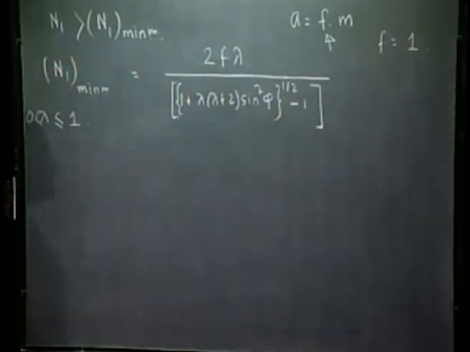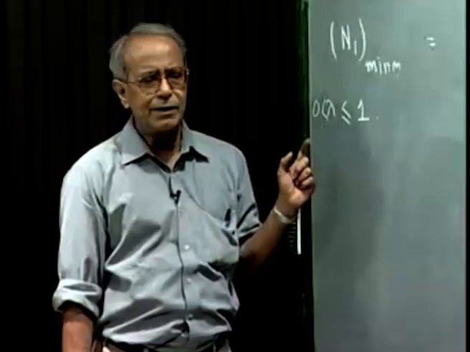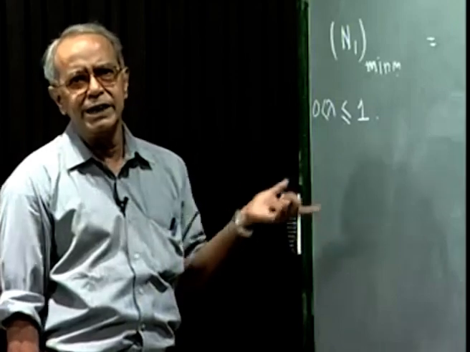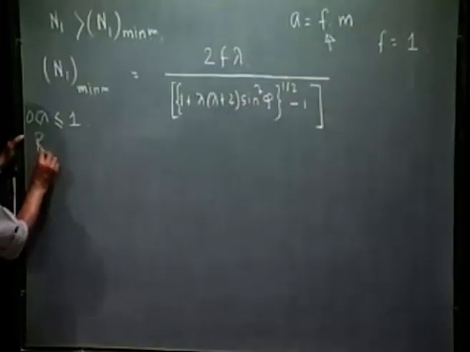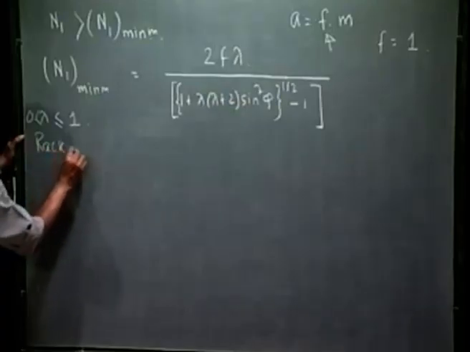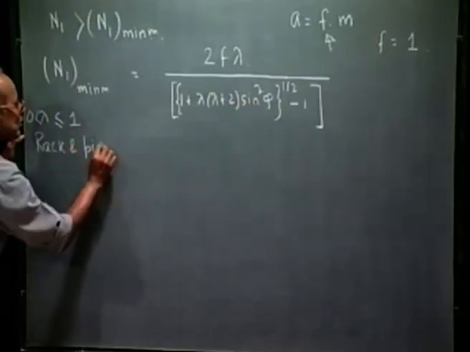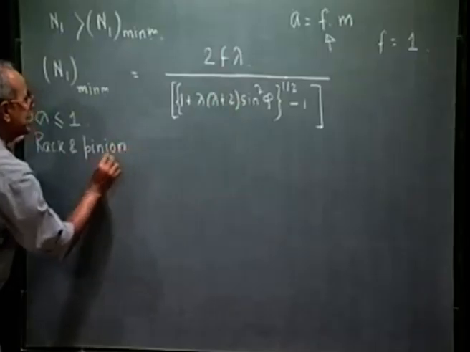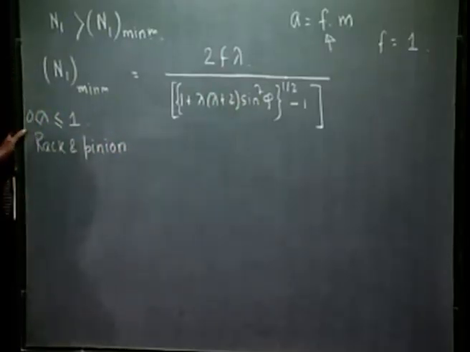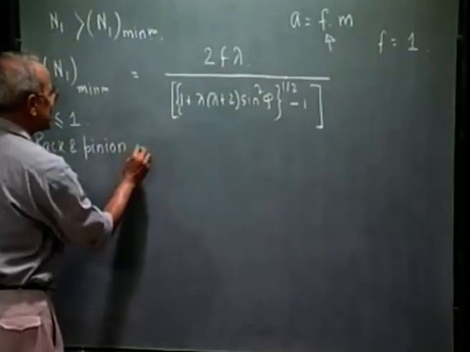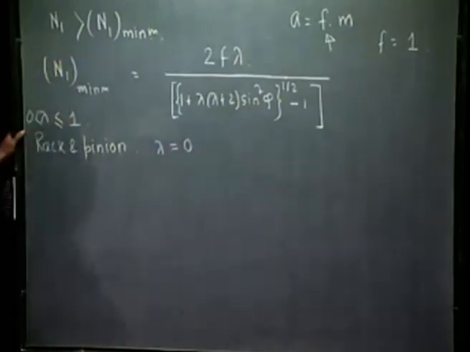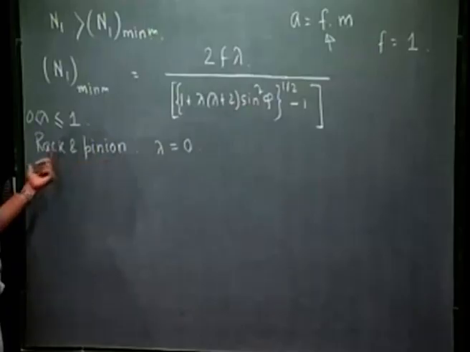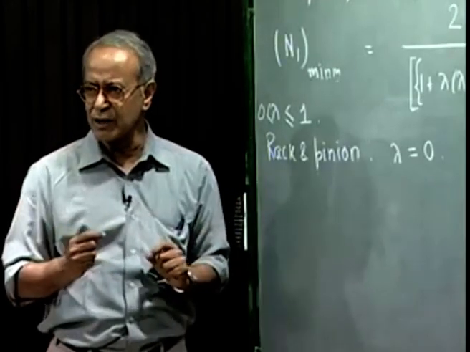From here, let me try to derive the expression for the minimum number of teeth that must be there on the pinion while it is in contact with a rack, for rack and pinion. If it is rack and pinion, then what must be the minimum number of teeth on the pinion to avoid interference? For rack and pinion, as we see, lambda is 0, because the angular velocity of the rack is 0. Rack has only translational velocity.